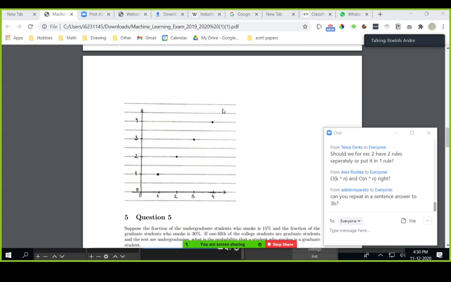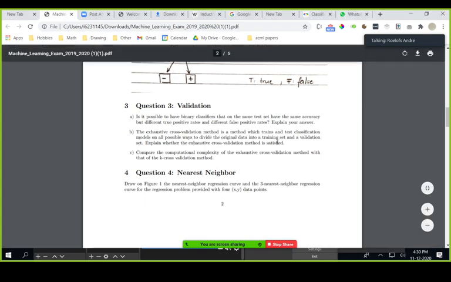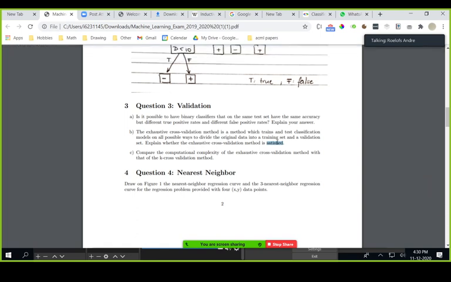Right. So can you repeat the sentence to answer 3b? Well, yeah. So first of all, the answer to 3b is that the question is wrong. It should not be satisfied like the last word. It should be stratified. And stratified means that when you split it into a test and validation set, you keep the same distribution of your samples.